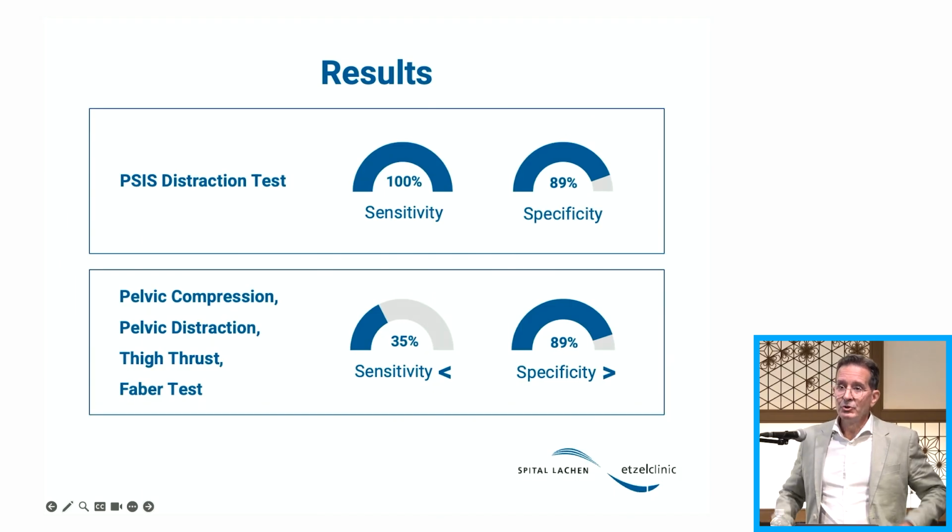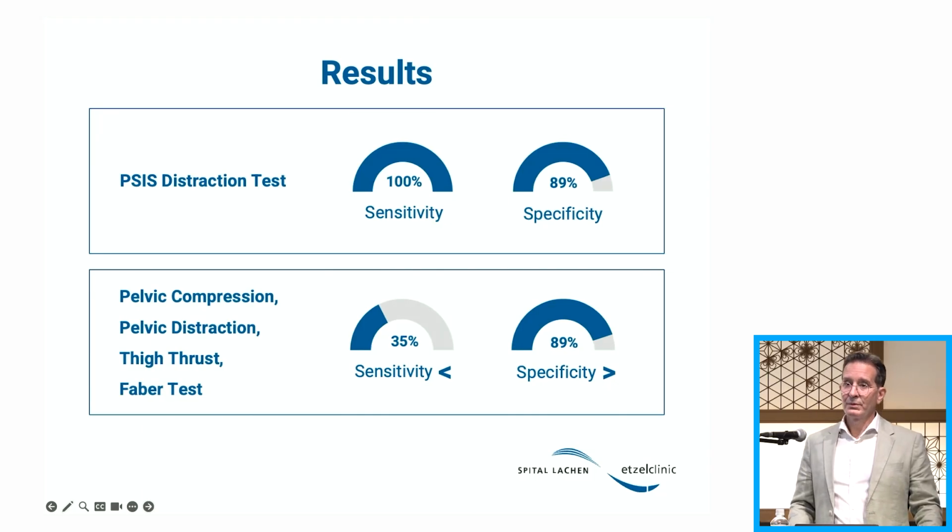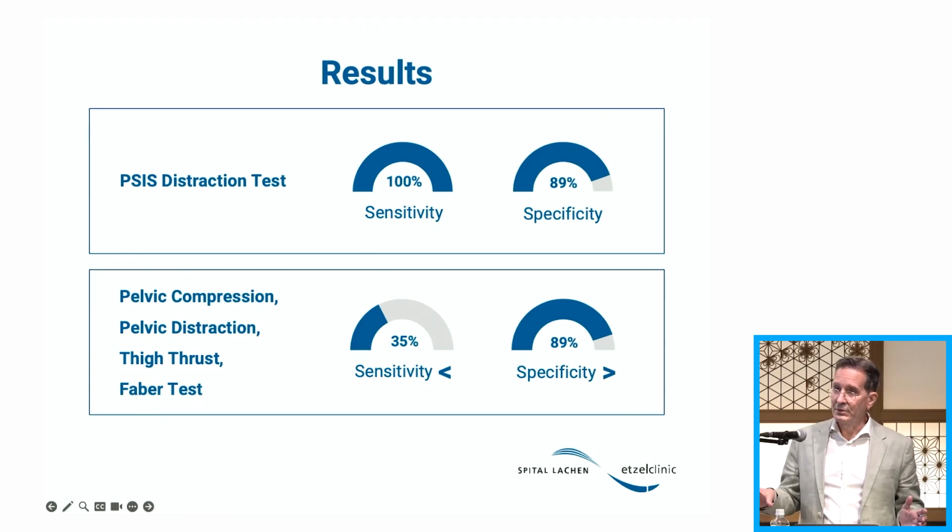That means you miss 2/3 of SI problems just because you're not able to have a sensitive test. The good news is if you have a positive Mennell's test, Gaenslen's test, then you know for 90% that it might be the SI joint. So we do have a validated test with a control group, injection control, that is very sensitive as a screening method, nothing more.